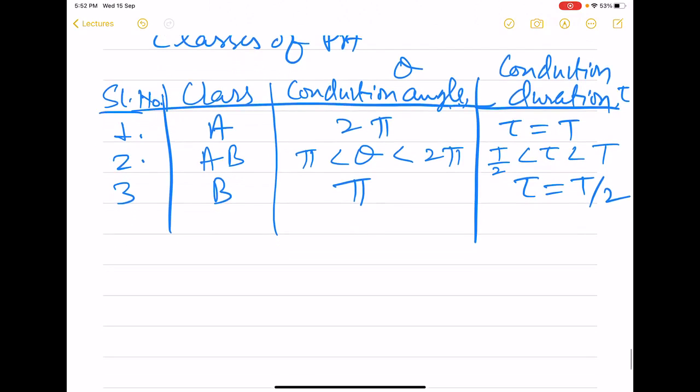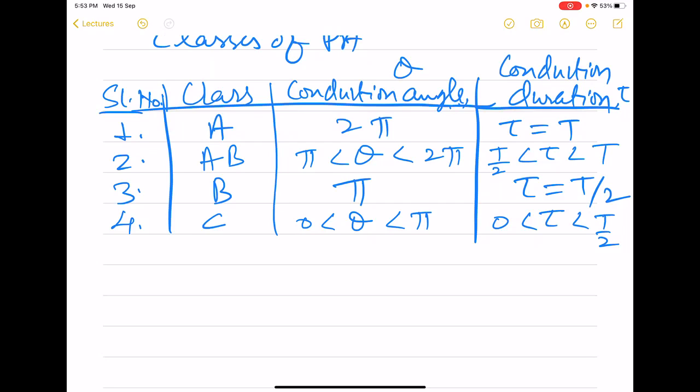So now the fourth possibility is that the conduction duration is less than T by 2, but greater than 0. So this will imply the conduction angle is greater than 0, but less than pi. And this is the last class, and it is called class C. So these are the four classes of the linear class of power amplifiers.